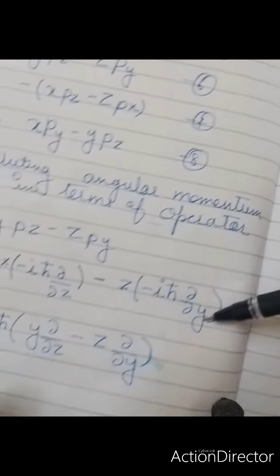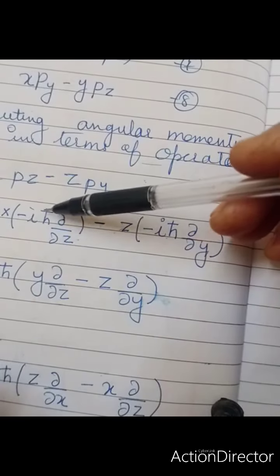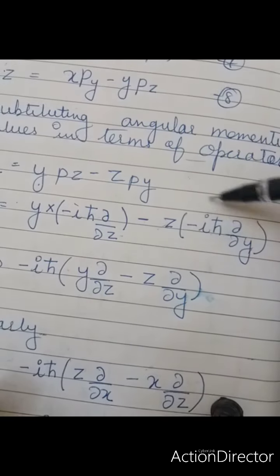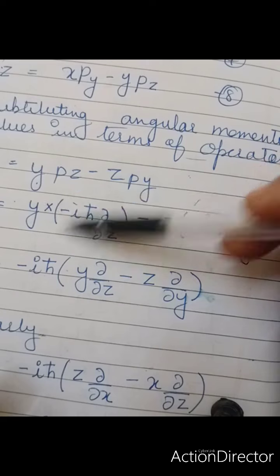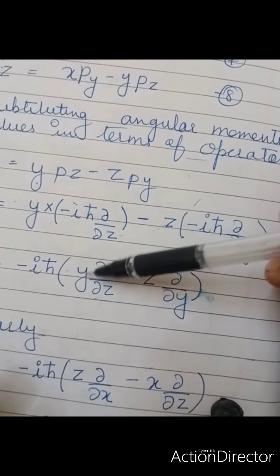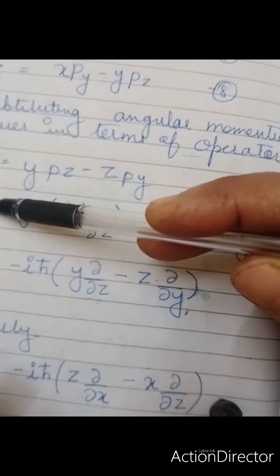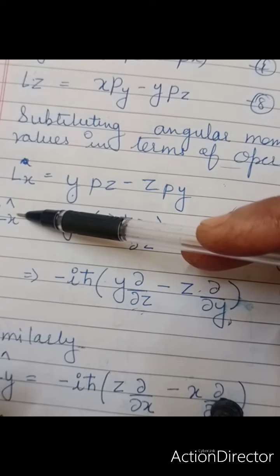If you solve it further, you take minus i h cut common. What is left is y del by del z minus z del by del y. So this is the value of Lx.